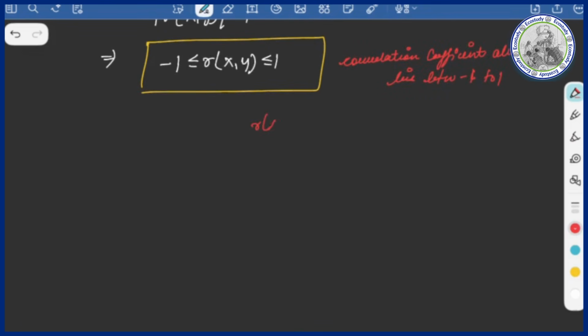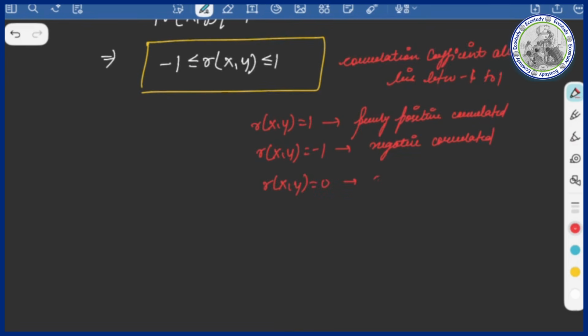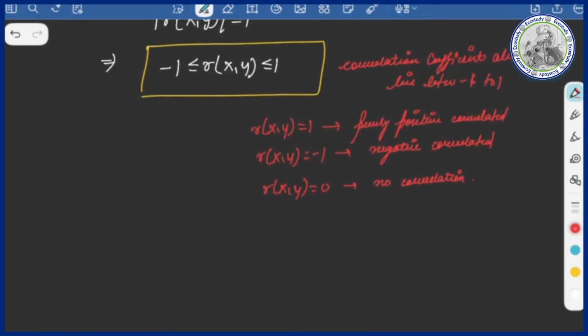If rxy is equal to 1, it is purely positive correlated. If rxy is equal to -1, it means negative correlated, and when rxy is equal to 0, it means no correlation. So these are the values.